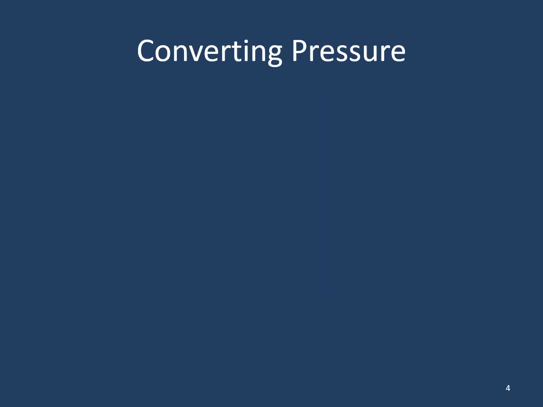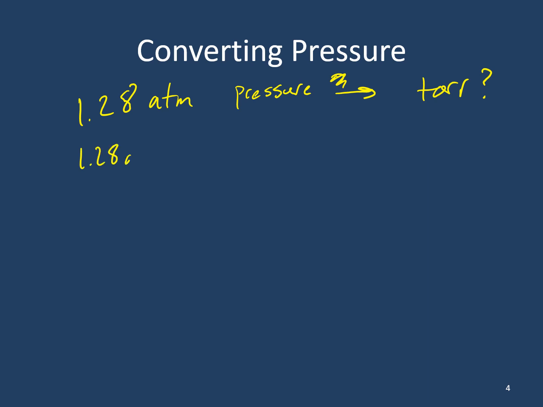Okay, so let's do some examples of this, and then we'll end this lecture video. So let's say I have 1.28 atmospheres of pressure, and I want to know, what's this pressure in torr? Well, this is pretty much a straight up conversion. So 1.28 ATM.